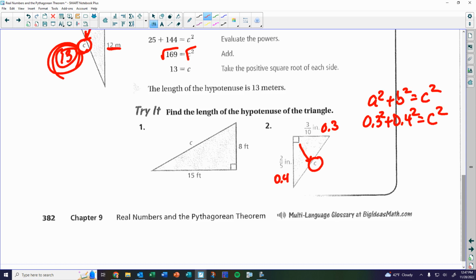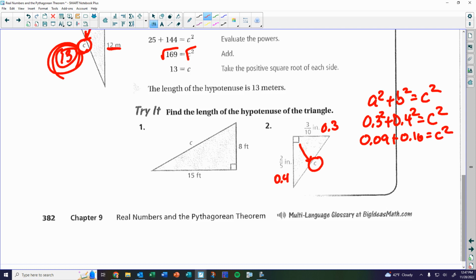Now, on your calculators, remember the button you were hitting for a square root last week? You hit the second function x squared button. Well, for the square now, all you need to do is hit the x squared button. So 0.3 squared is 0.09. And when I square 0.4, it's 0.16.